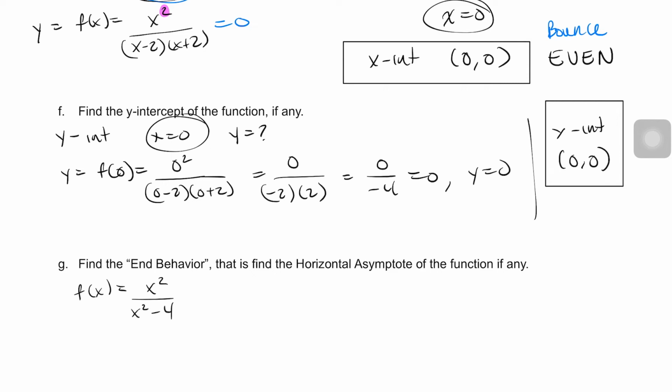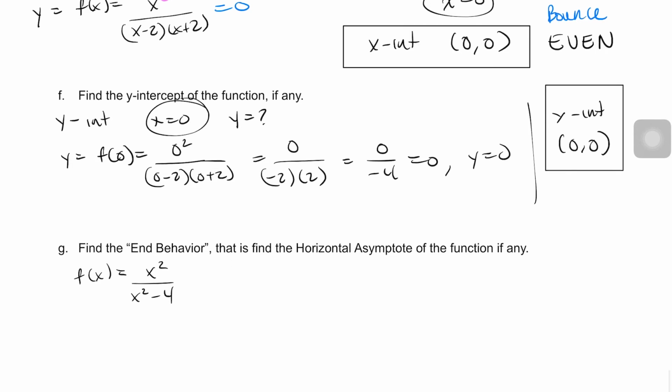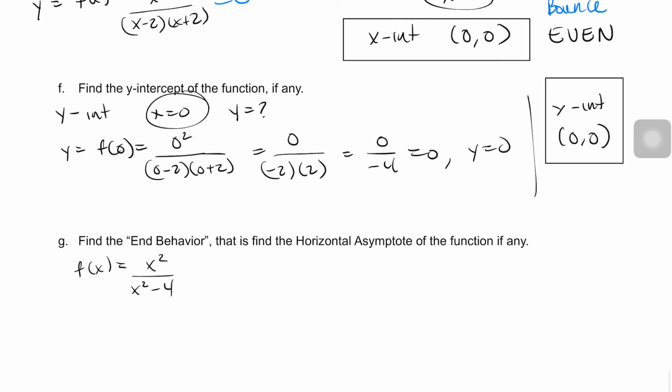So let's write the function. Here's our function. In this case, there was nothing we could simplify, right? So we're using the original function to find the behavior, and we're going to find the limit of this as x goes to infinity.